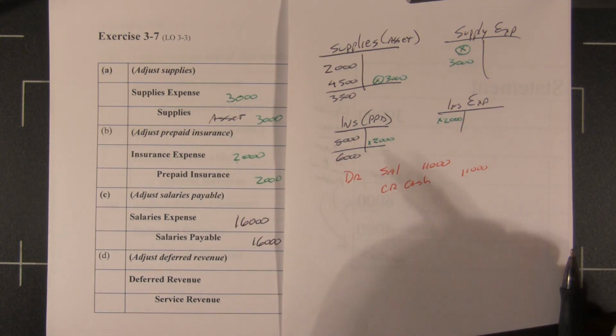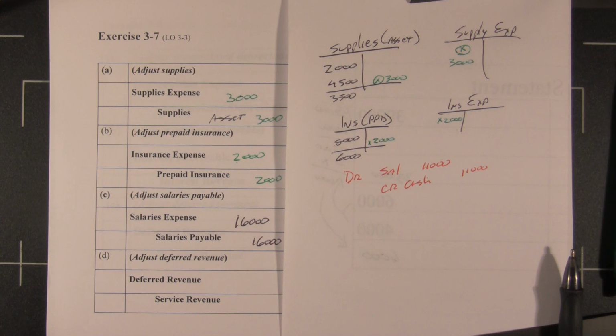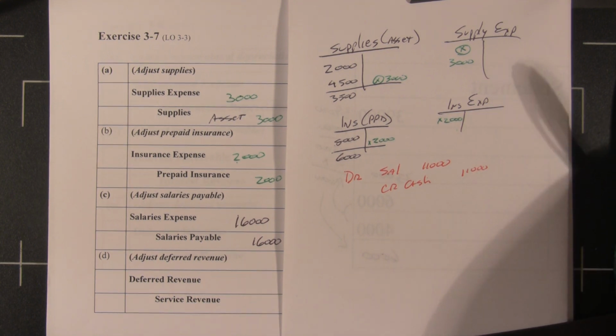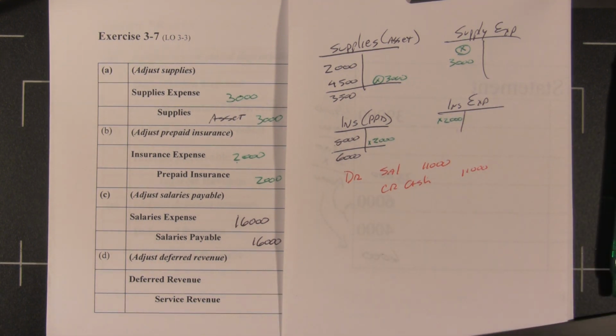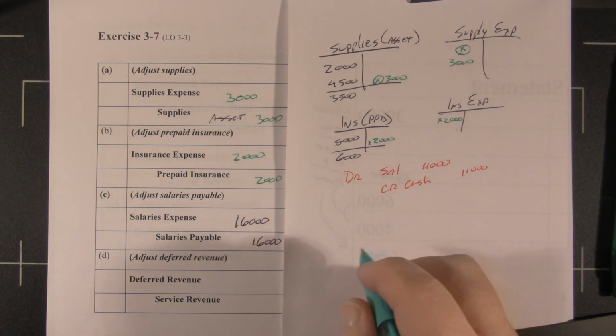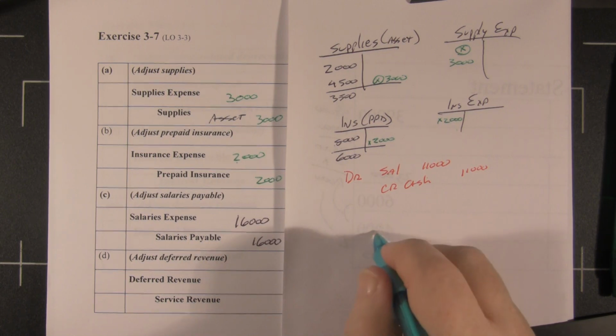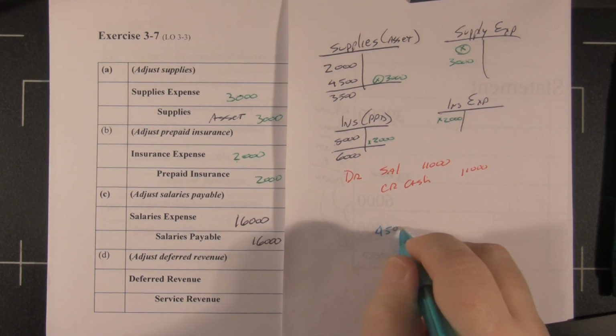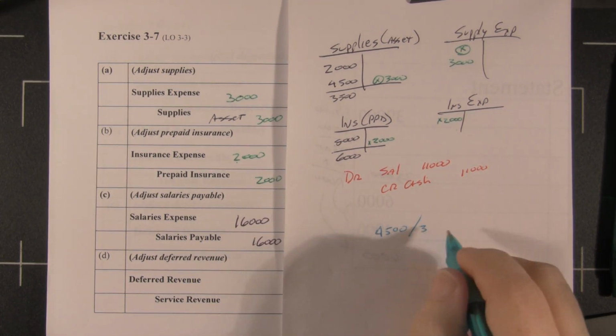And then last but not least, this company had somebody rent something from us. What would they rent? Property insurance or something? No, they advanced rent. They rented a piece of our building. So they rented a building from us for $4,500 for 3 months.